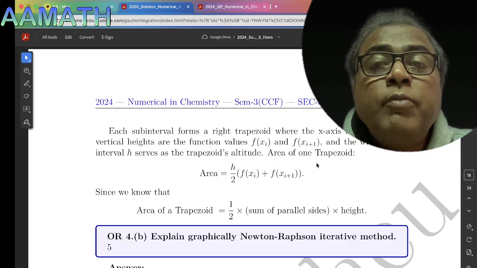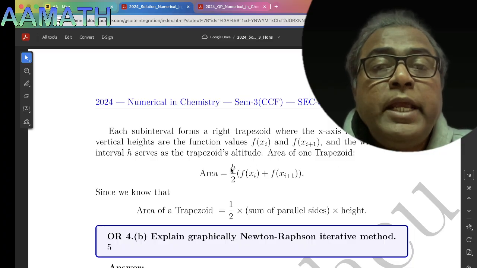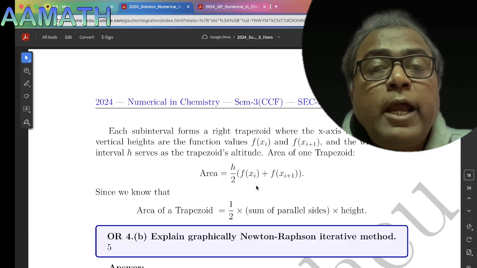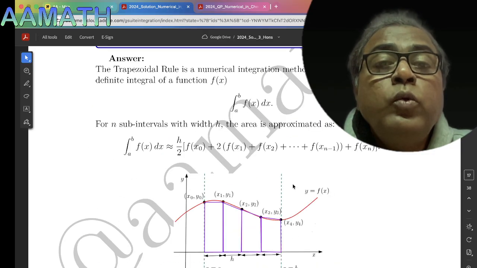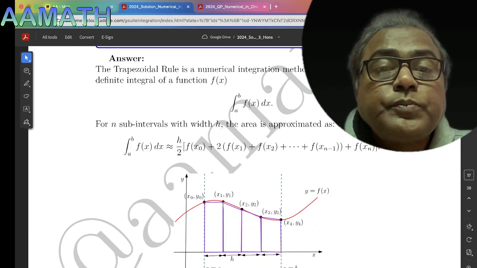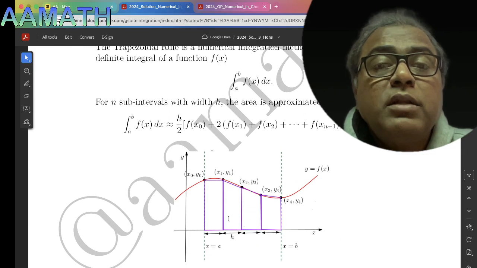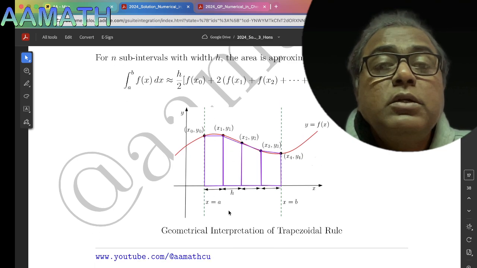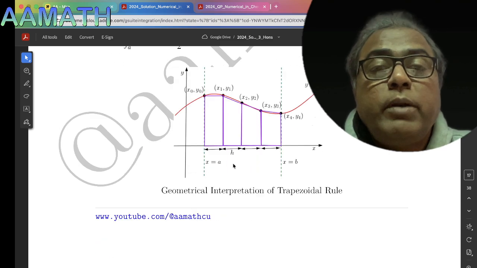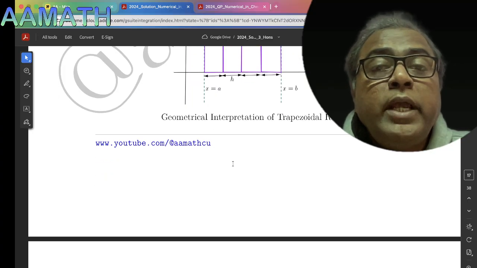So the area of one trapezoid is h/2 times the sum of the two parallel sides. These are the parallel sides. So (y0 plus y1) times h/2.